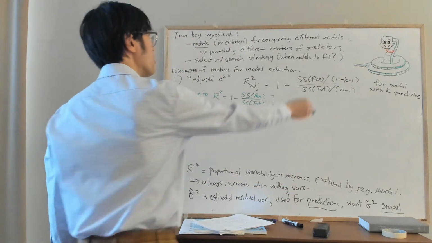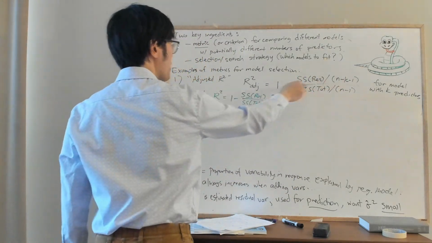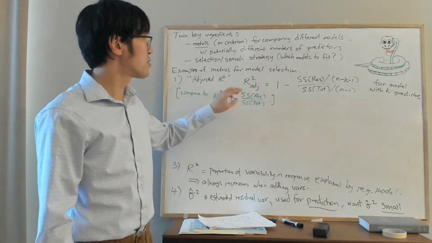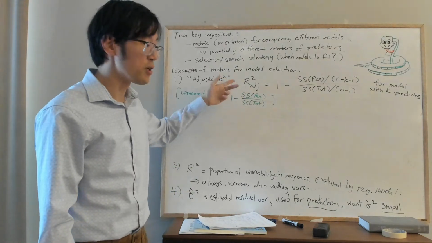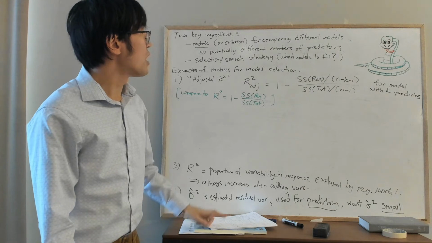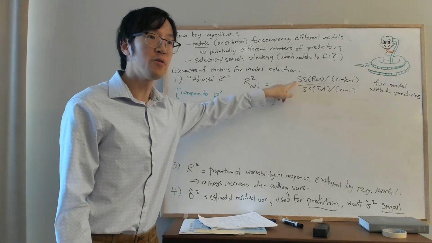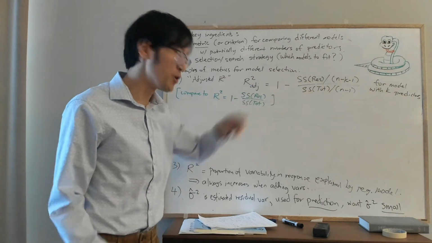Therefore 1 minus that is going to be smaller. In effect, it gives us a penalty for adding predictors into the model when the sum of squares residual is not changing very much.